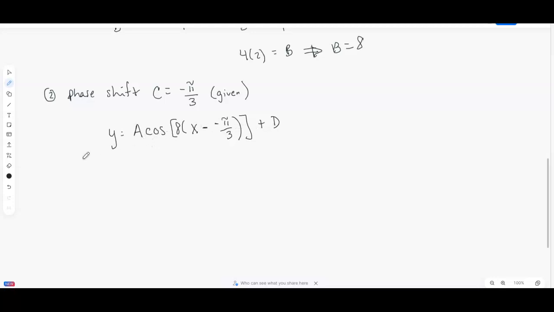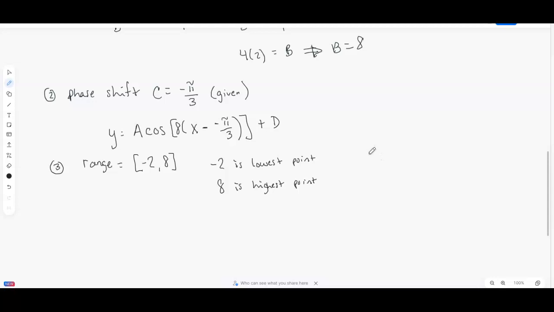Now they tell me that the range is from negative 2 to 8, right? So that means that negative 2 is our lowest point, and 8 is the highest point. Okay, so this is helping us find our A and our D, right?